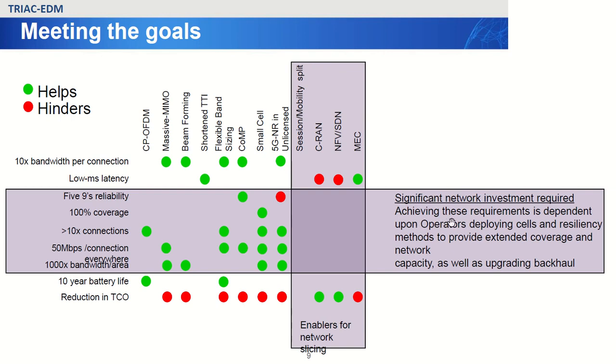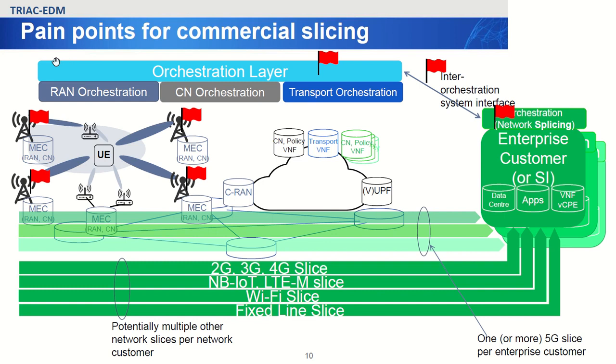So you need to achieve those requirements depending on operator deploying cells and resiliency. And pain points for commercial slicing.